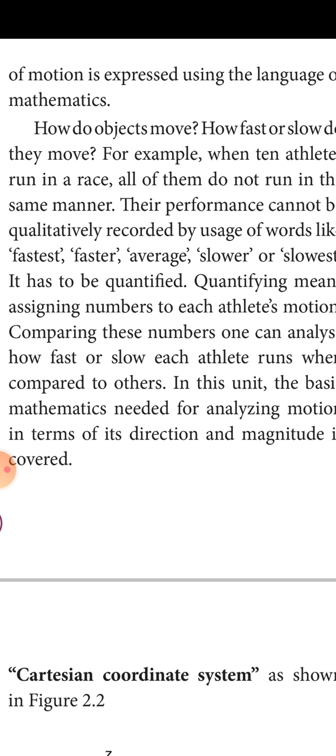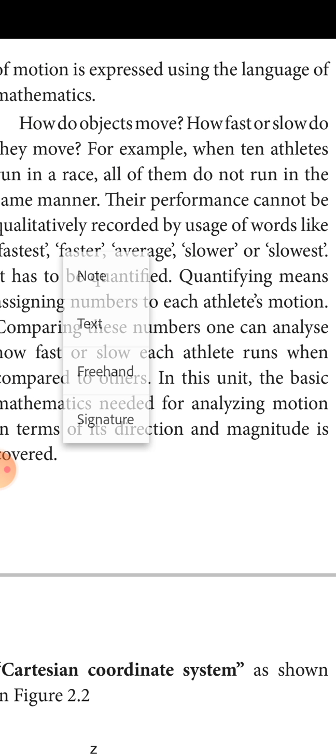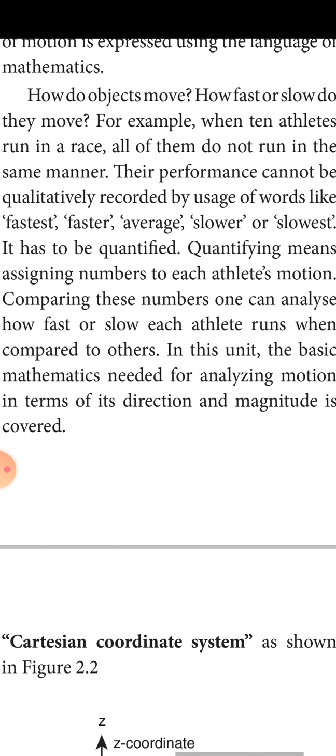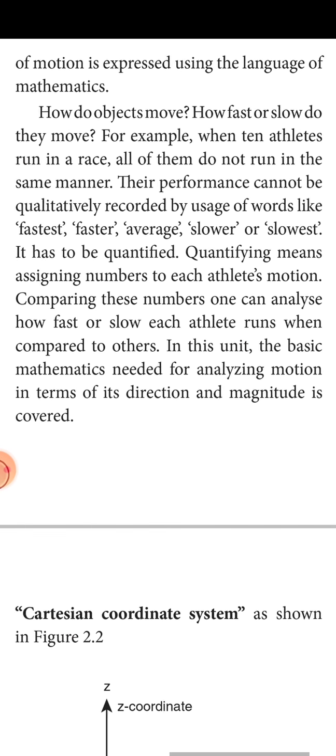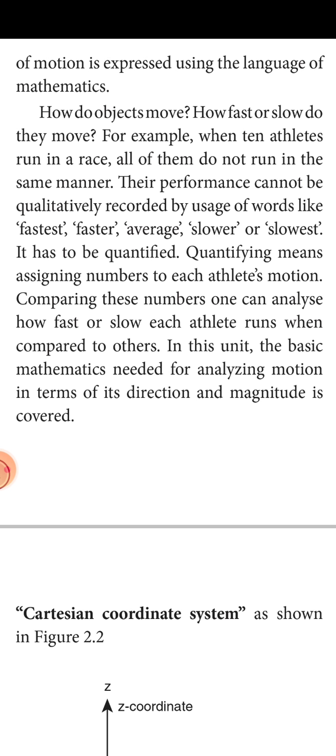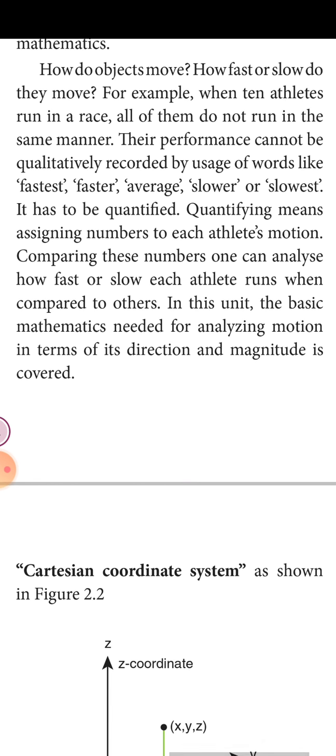Here, consider how objects move fast or slow. For example, when athletes run in a race, all of them do not run in the same manner. The performance cannot be qualitatively recorded by using words like fastest, faster, average, slower and slowest.